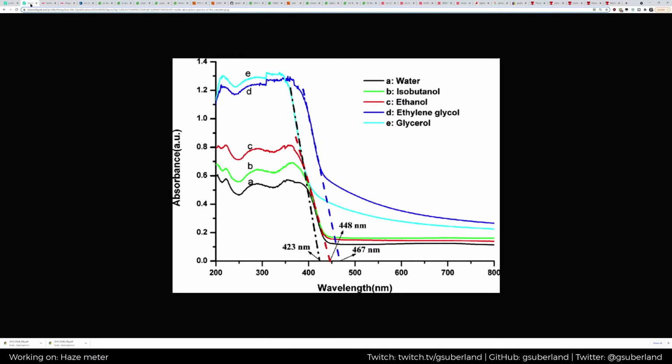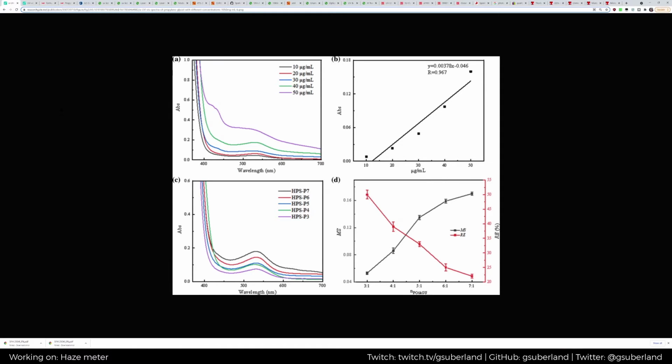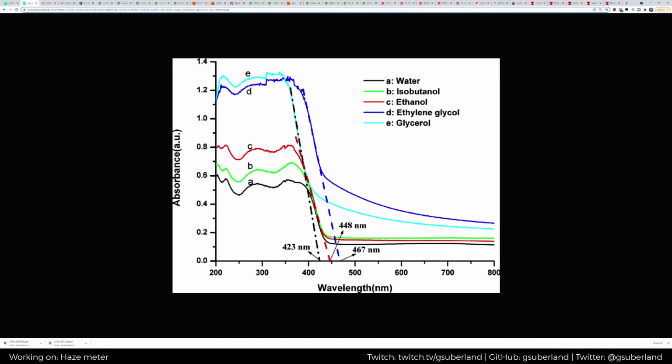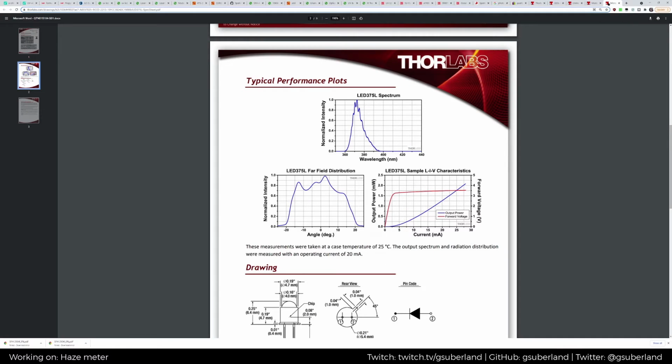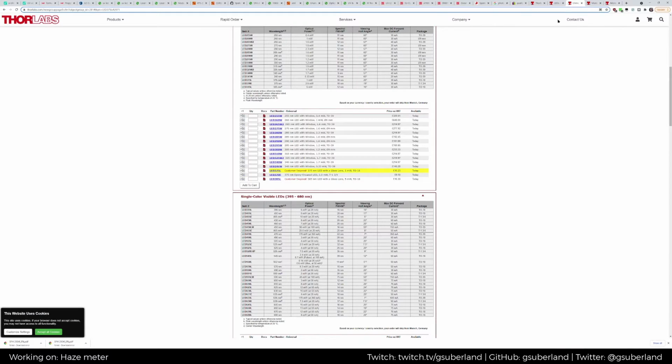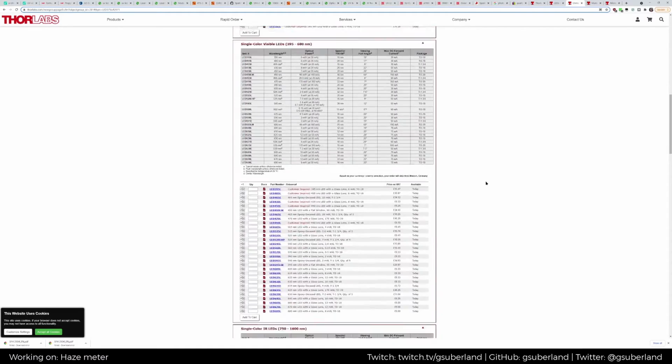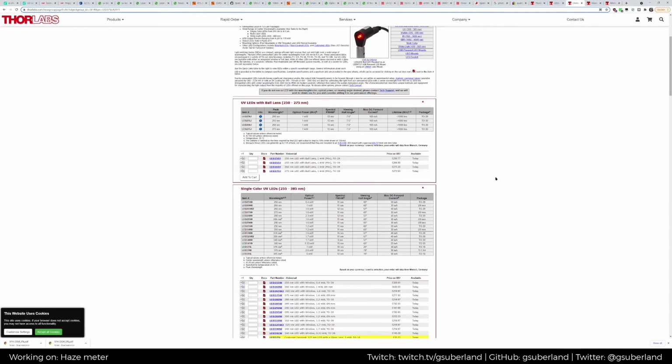Here we go, in the UV range. 360 should be just about enough. Sorry, one moment. There we go. 360 on its own might be okay. Why must things be expensive? Why?